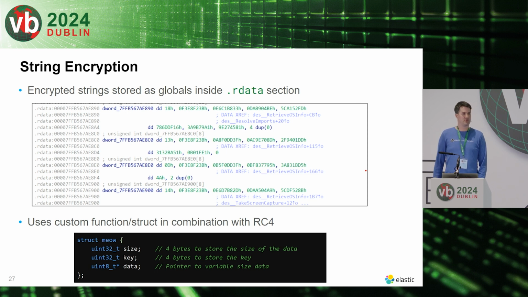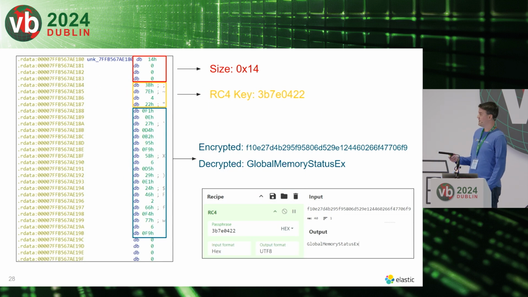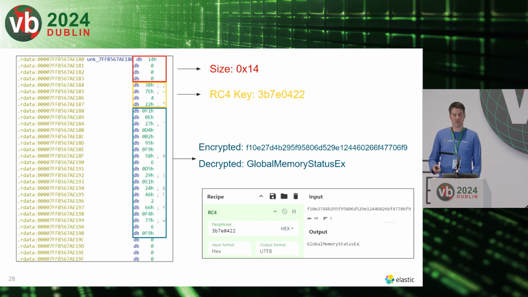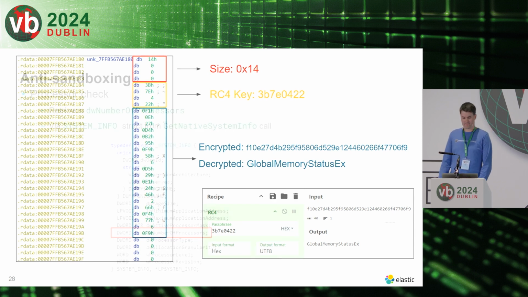I don't know if it's part of a tool that they're using, but it follows the same schema. The first 4 bytes are the size of the encrypted string, then the next 4 bytes are the RC4 key, and the bytes that follow are the actual encrypted string itself. So it's pretty straightforward to decrypt all these strings, and this is an example that you can do at home with GlobalMemoryStatusEx.